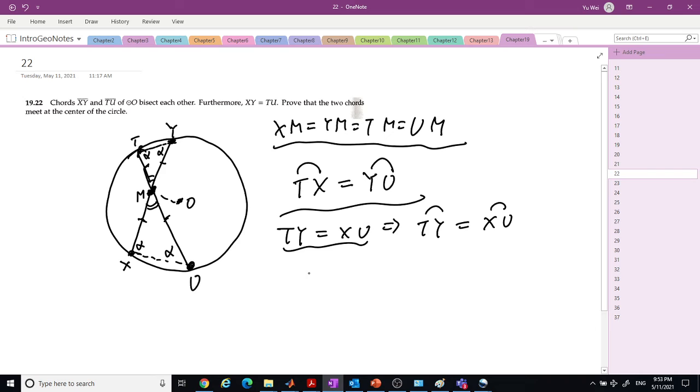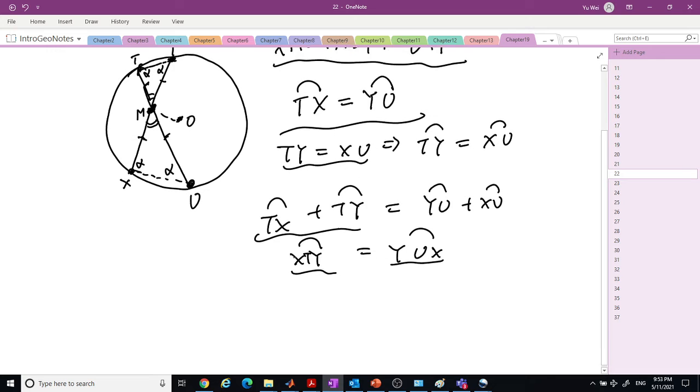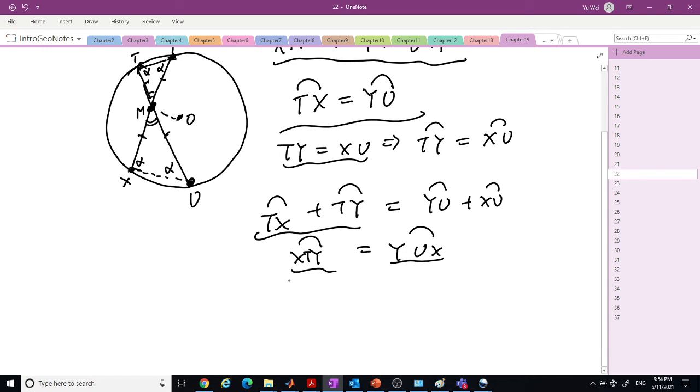So now we have arc tx plus arc ty is equal to arc yu plus arc xu. So here you have arc xty is equal to arc yux, right? Together this is the whole circle. If you divide the whole circle into two equal parts, each one is a half circle, right?